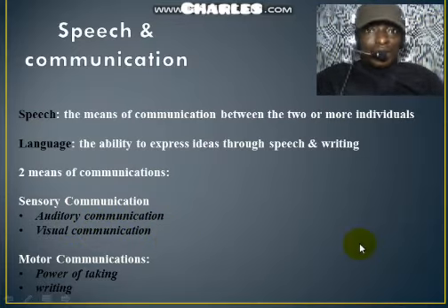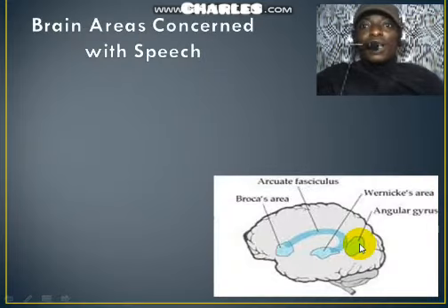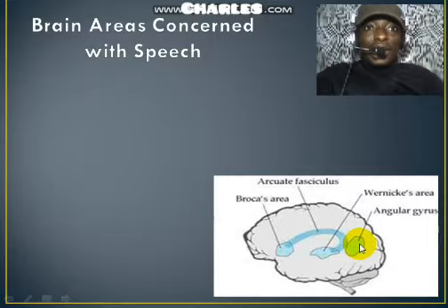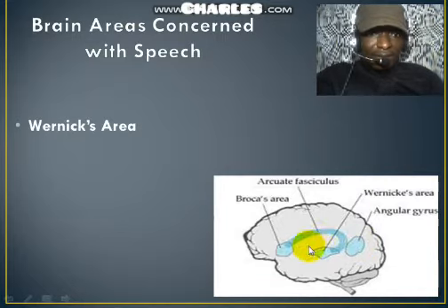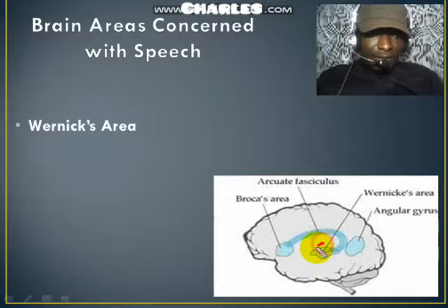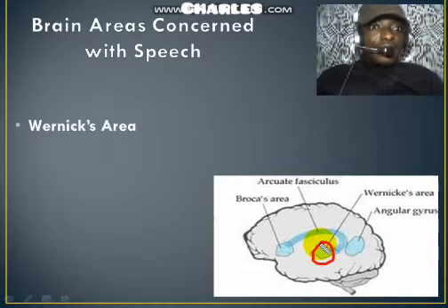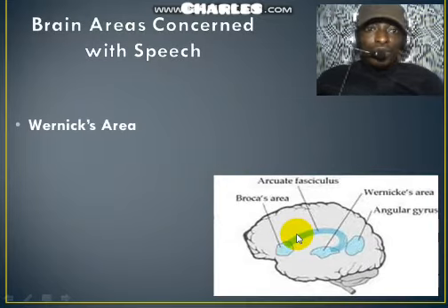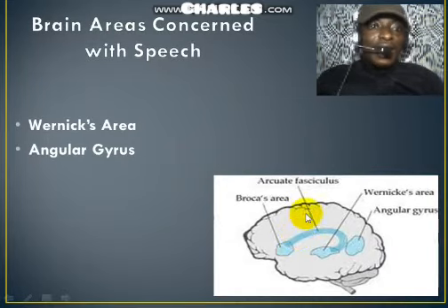Okay, good. Going forward, the brain structures or areas that are responsible for speech include: one, the Wernicke's area. This part is the Wernicke's area. This area here is the Wernicke's area. Okay, and then the next structure responsible for speech is the angular gyrus.